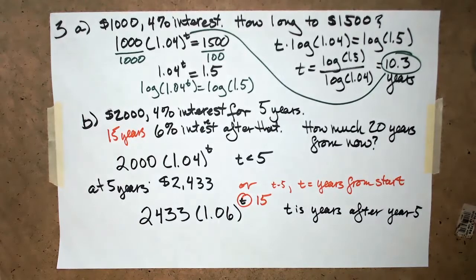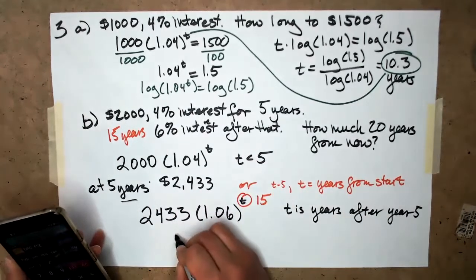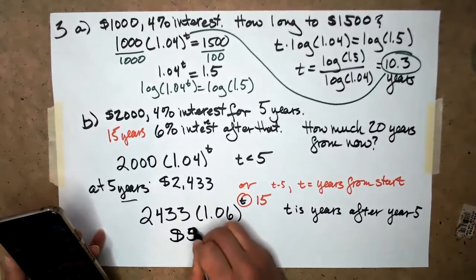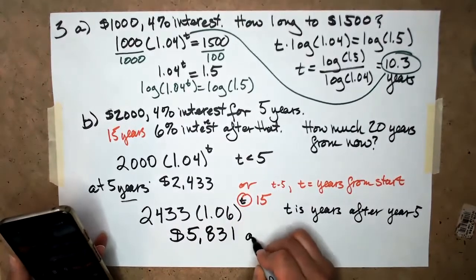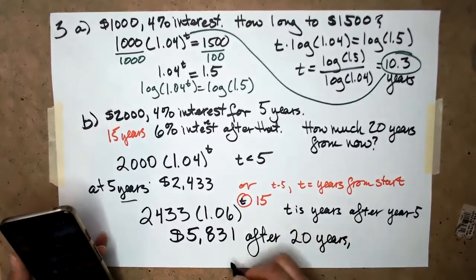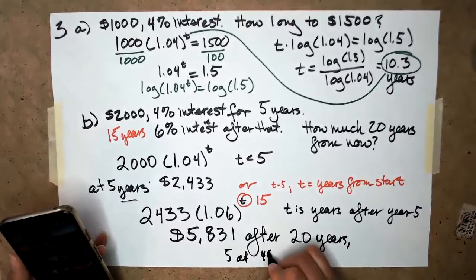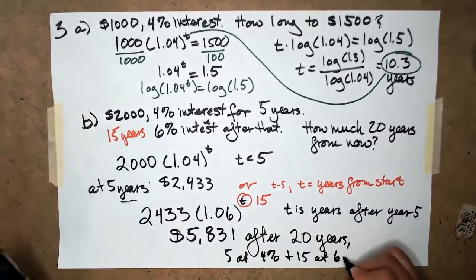And so after 15 years, I would have 2,433 times 1.06 raised to the 15th power after 15 years of being in this situation, 20 years from the beginning. And that works out to 5,800, and it rounds to $31. So after 20 years total, 5 at 4% and 15 at 6%.